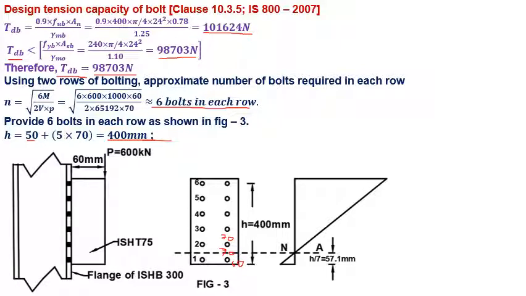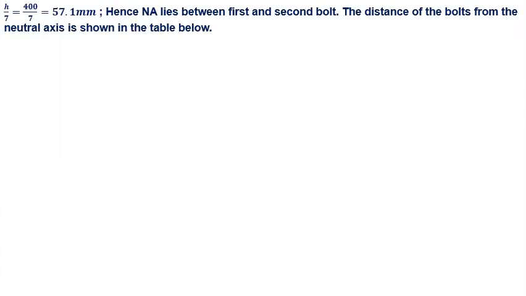Now we have to calculate the distance of the second bolt from NA and the distance of the third bolt from NA. NA lies at h by 7, hence NA lies between the first and second bolt. The distances of bolts from the neutral axis are shown in the table below.